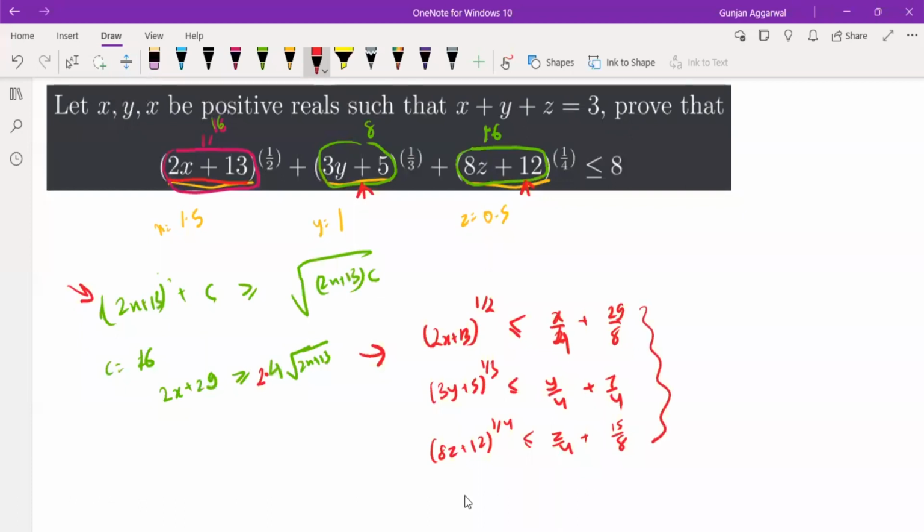Yeah. So now we can sum up, right? And then x plus y plus z is 3.